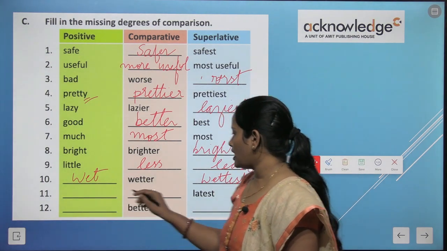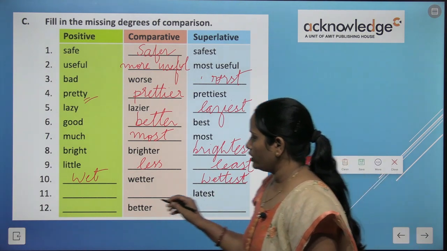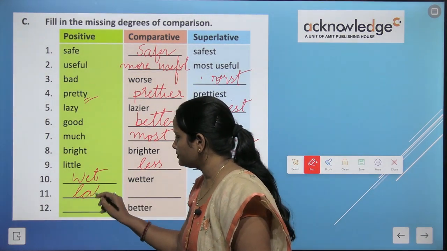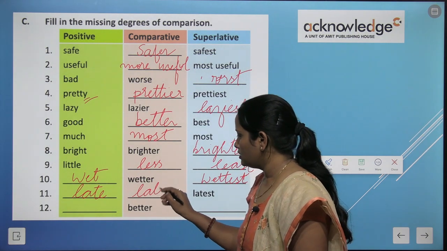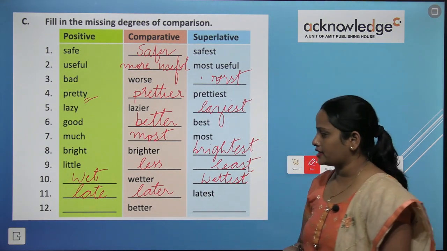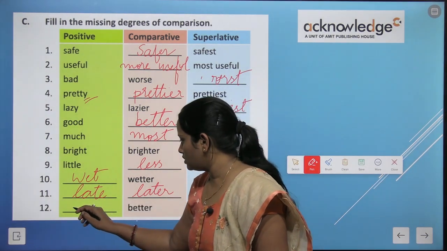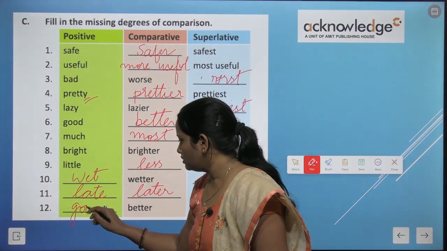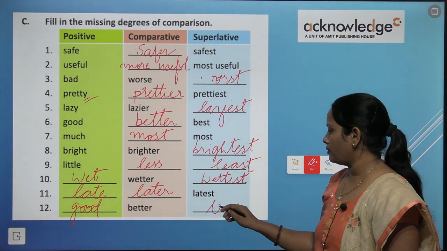Next is dash, dash, latest. Latest is written here. So we are going to write late, later and latest. Better is written here. So we are going to write good, better and then best.